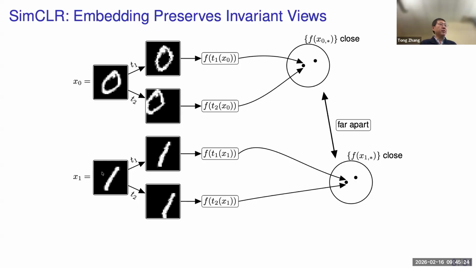When I say x0, x1, I just mean 0 and 1; actually, it could be two zeros. It doesn't really differentiate digit 0 and 1, because the training data is unlabeled. You don't tell it it's a 0 or 1, you just tell it there are different images in your database. So this data, you perturb.